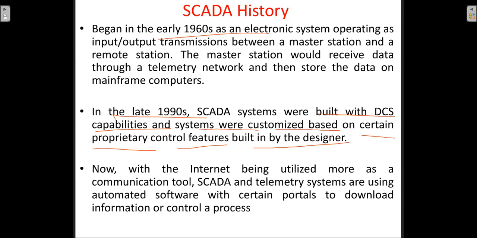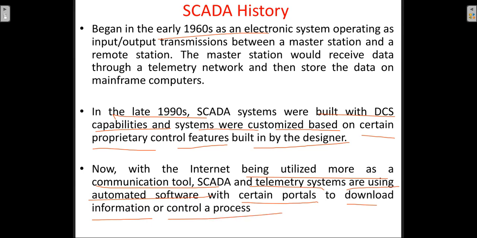Now, as of now, what you can see is the different types of internet based controls and other things have come into picture. So that's the reason why, with the internet being used more as a communication tool, the SCADA and telemetry systems are using automated software, with certain portals to download information or control a process.